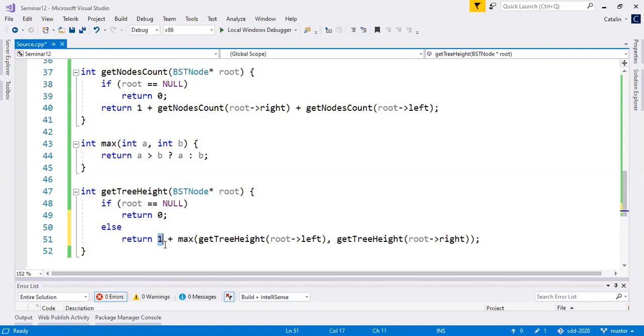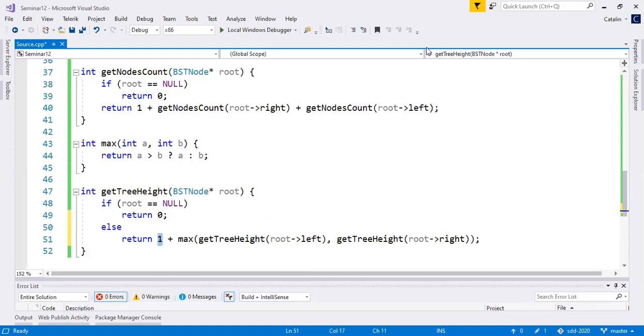So from this point on, you want to see how many times you go downwards on the left side or on the right side. And the maximum between these two numbers will actually give you the height at that point. And after that, you add 1 because you are on a level and you return this value. Okay, so this will get up backwards and compute the height.